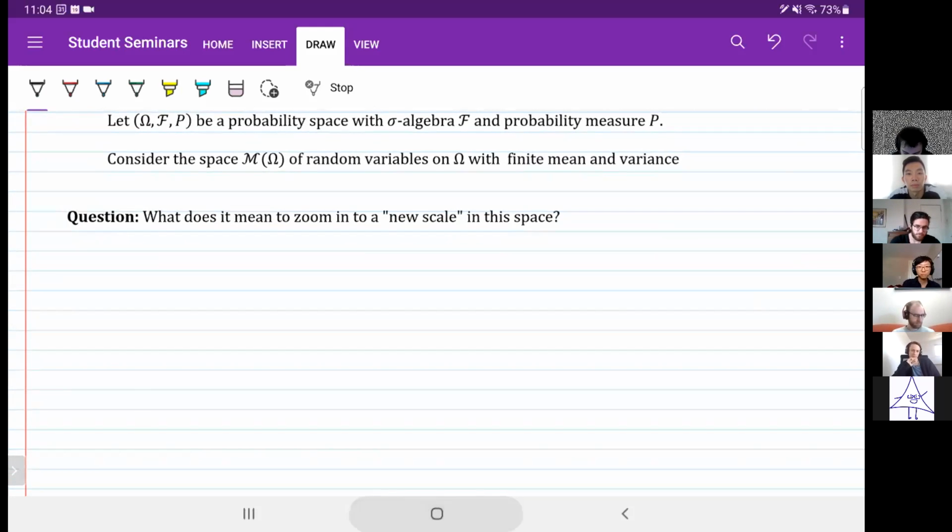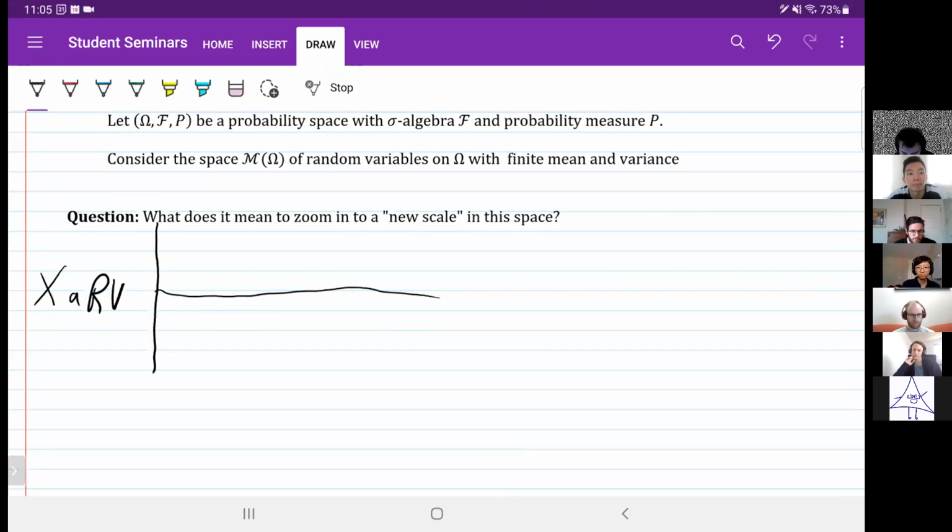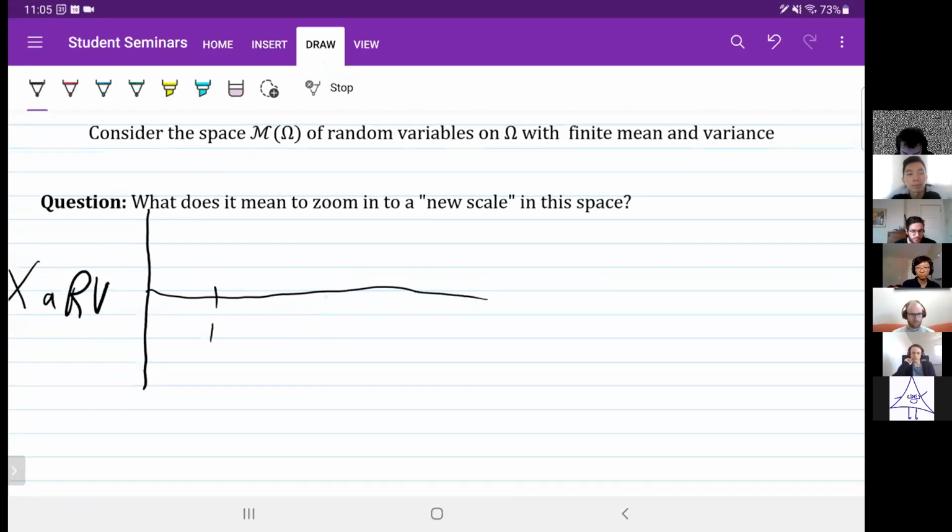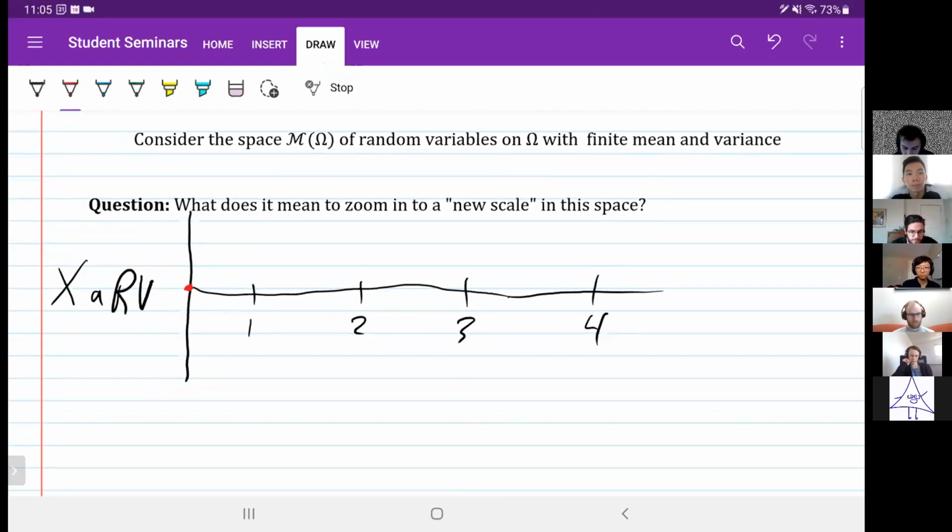Well, what we will do is, if I take X, a random variable, let's look at the sequence of all discrete times. What I can do is think about a process where I start at 0, and at every integer moment, I randomly generate a number according to this probability distribution.